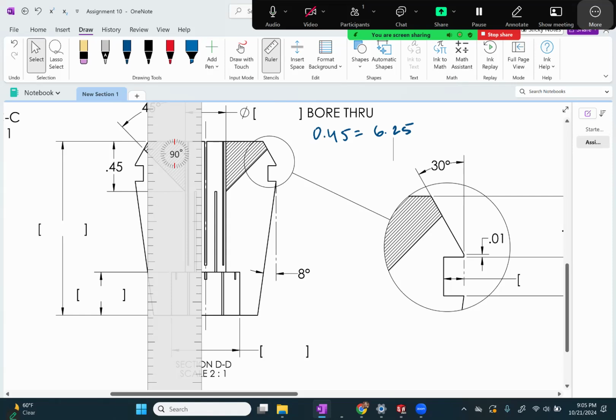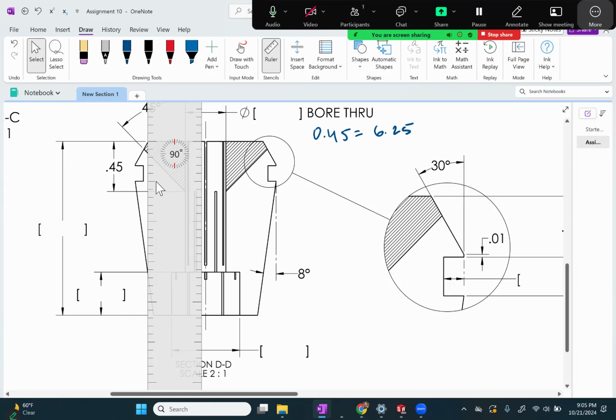I could use this to find the overall length of this part, the overall height. I will count how many marks it takes to get this overall height. As a shortcut, this specific ruler has a longer mark every fifth tick.